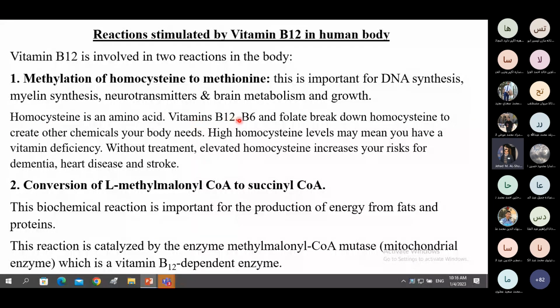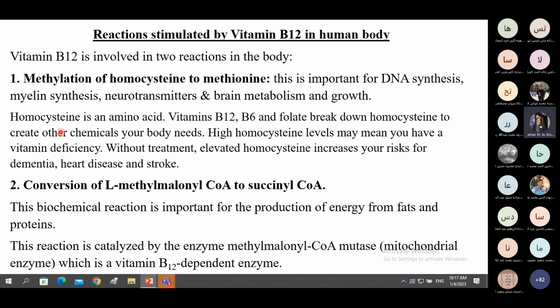Because vitamin B12, B6, and folate, the B9, together break down homocysteine to synthesize different chemicals in our body.